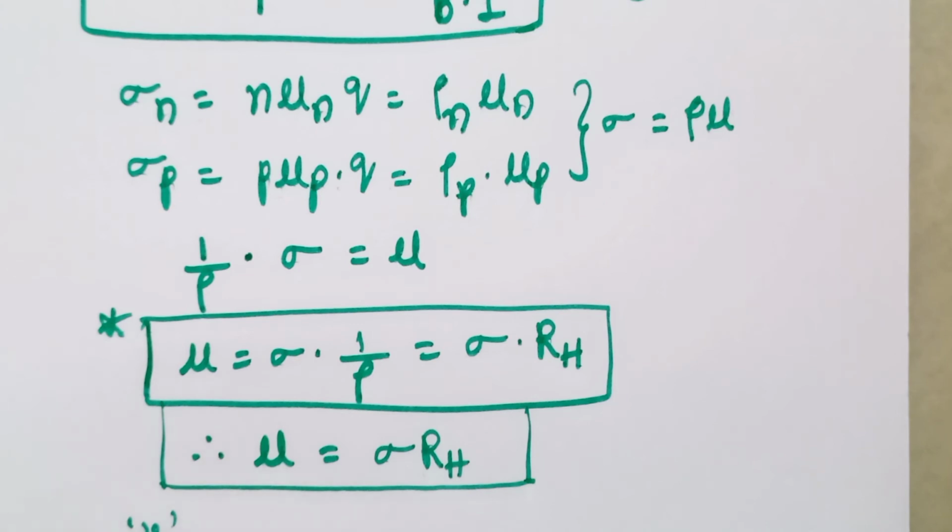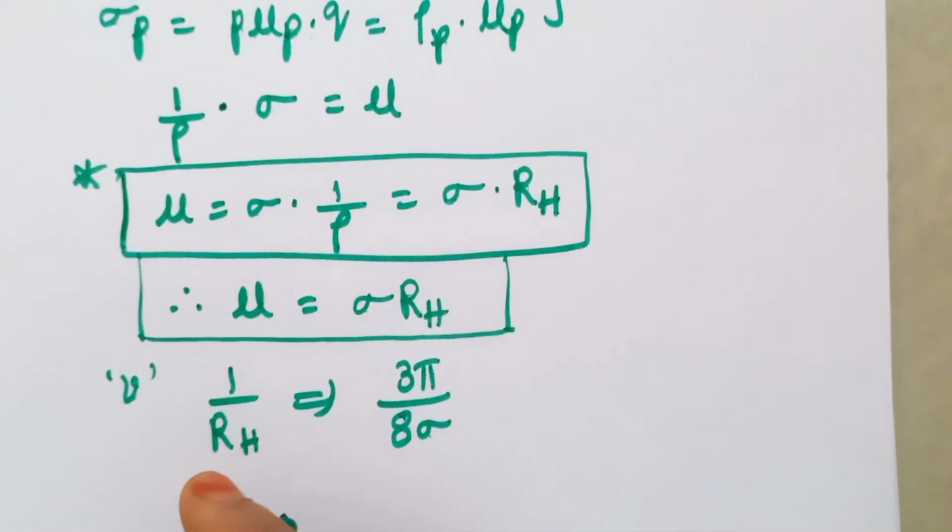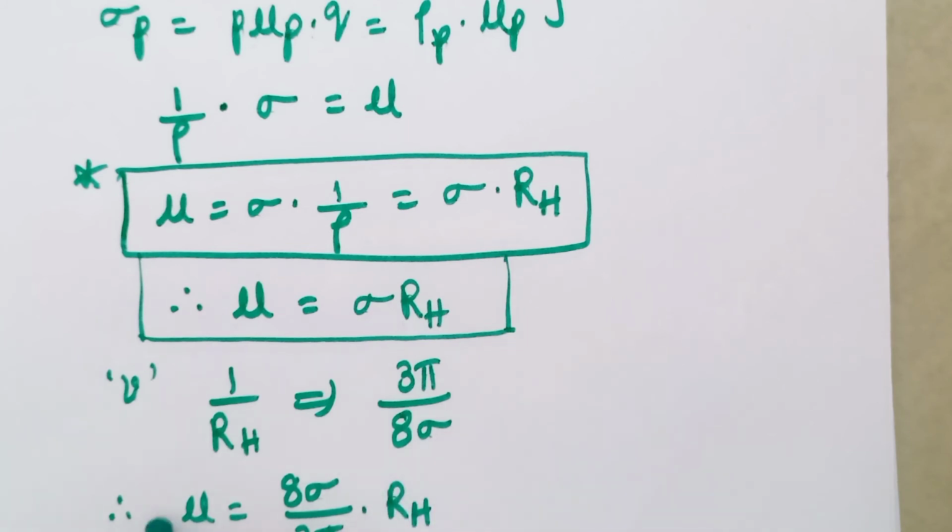Hence a correction has to be made, and it has been found that satisfactory results will be obtained if 1 by RH is taken as 3 pi by 8 sigma. If RH is corrected like this, then it will be applicable for all kinds of conditions. So we can modify the expression for mobility as mu is equal to 8 sigma by 3 pi into RH.